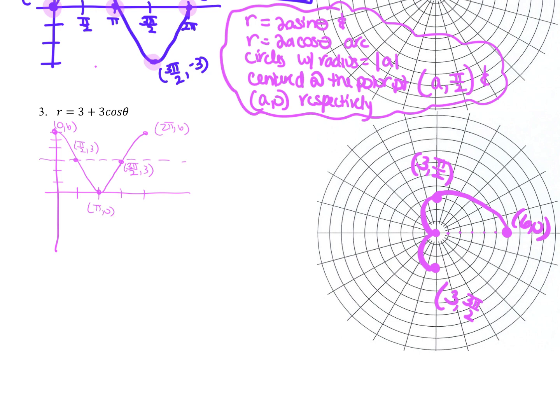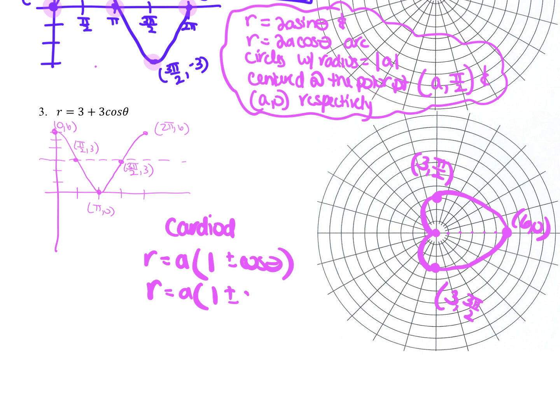And then we end at 6 comma 2 pi, which is the same place where we started. And notice how you have a heart shape? That's called a cardioid. And you're going to know it's a cardioid because it's r equals a times 1 plus or minus cosine theta, or r equals a times 1 plus or minus sine theta.